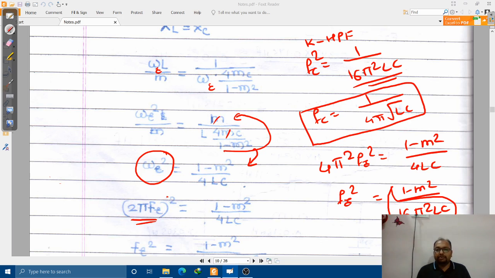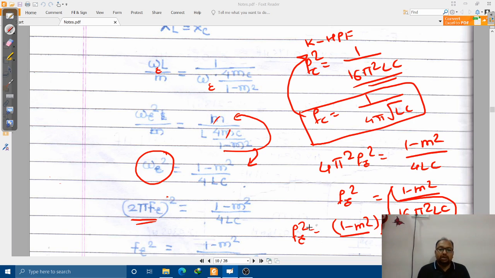It is the cutoff frequency of the constant K high pass filter. So can I write it as the cutoff frequency of the high pass filter? Yes, definitely I can write it. So fr square is equal to 1 minus M square into fc square.